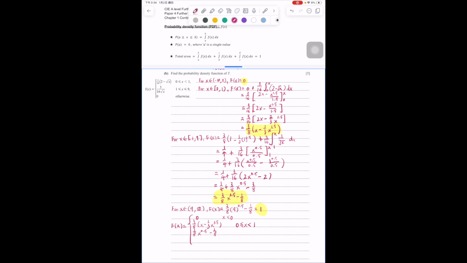Again we fall into the domain of 1, and then here we have 9, and the last part we have 1 when x is greater than 9.